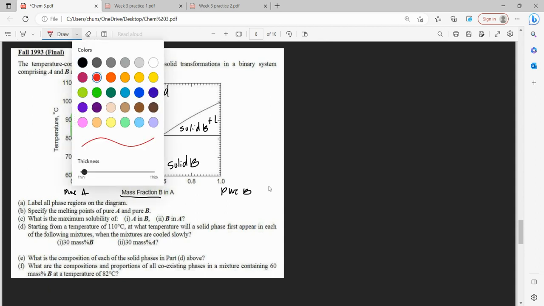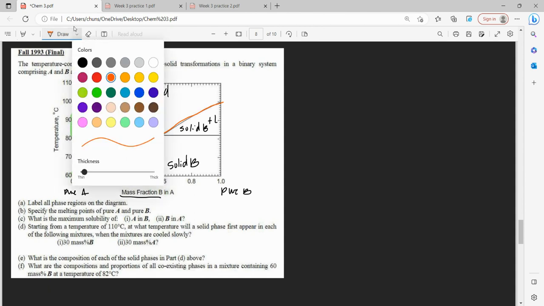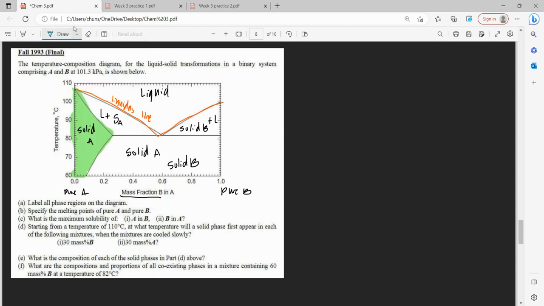Okay, some key terms. This line here, bordering our envelope region of combined phases and our pure liquid, this is called the liquidus line, where the mixture borders being a liquid.